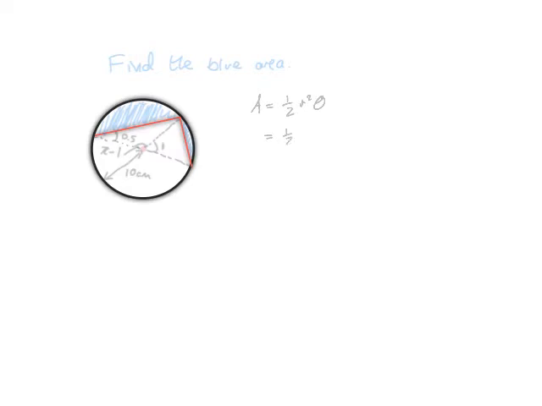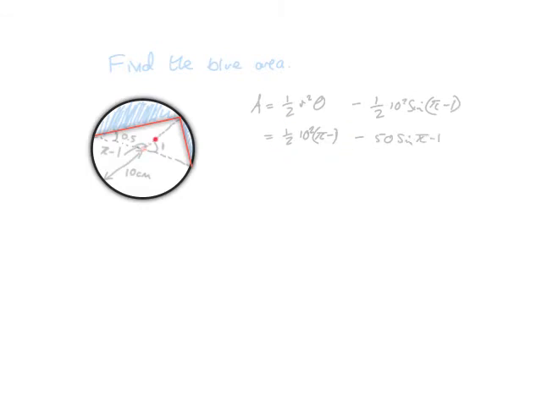We can figure out all the other angles nearby if we need to. And we do need to. Pi minus 1 is the other angle at the centre. Now what I'm doing here is I'm finding out the area of the whole segment here, and that's what this is.